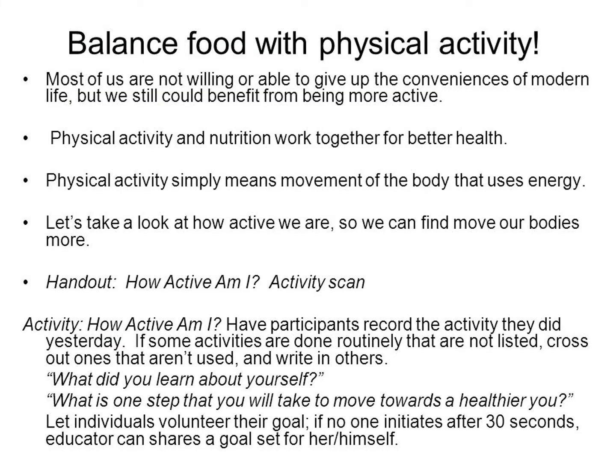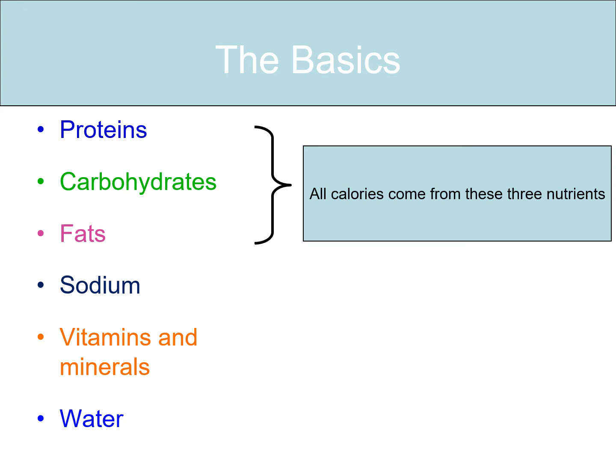So here's an activity that you could participate in in order to balance food with your physical activity. And so the basics of energy in relationship to nutrients depend on proteins, carbohydrates, and fats. All calories come from these three nutrients.